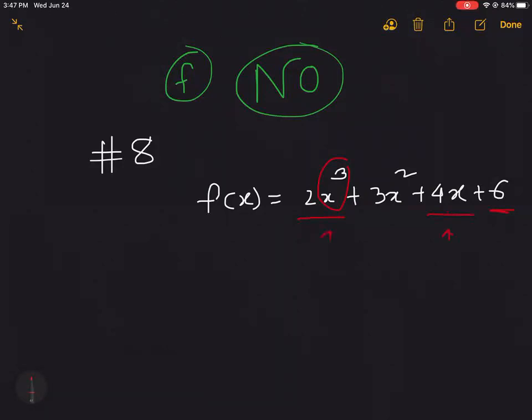This will be -16. -16 and -8 will be -24. -2 squared will be +4. It will be 12. Plus 6, 18. No, it's not a real 0. That means I'm just looking for a real 0 for this. -2 doesn't work. Let's try.